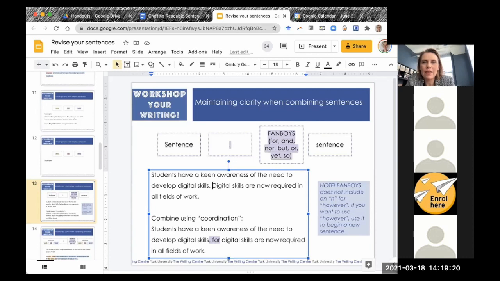So, the rule is if you're going to use one of these words as a transition, like an introductory phrase, like "but," comma, you have to have a full sentence after it, right? But digital skills are now required in all fields of work. You can definitely do that. Because what makes it okay is that you have this complete sentence.